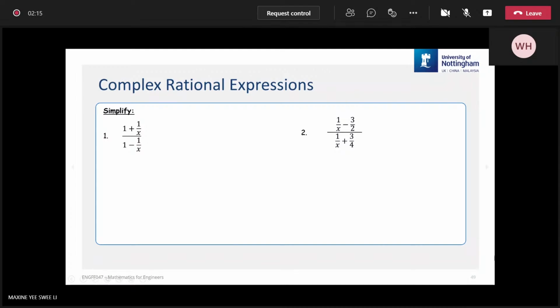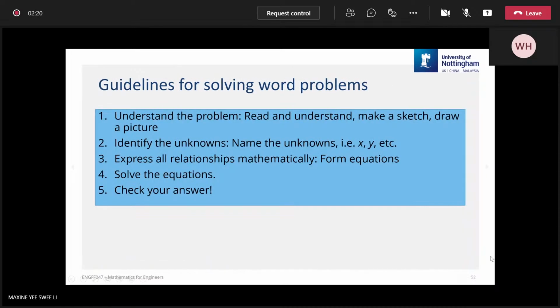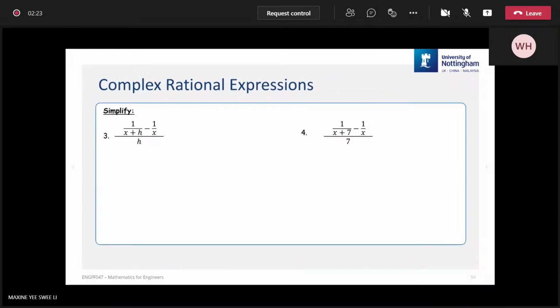Complex here means that within the rational expression, you have more rational expressions within a given expression. It contains additional rational expressions, either in the numerator, as you see here. It can also be in the denominator, as you see here, or it can be in both, as in this question number 1.